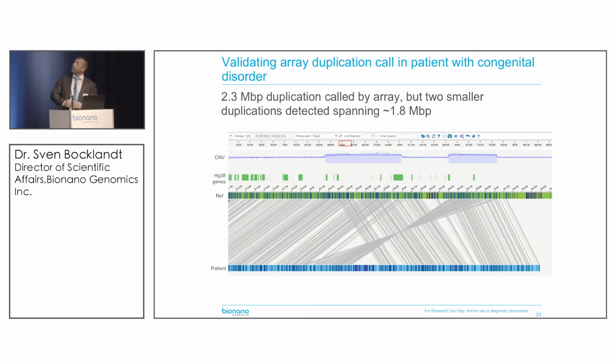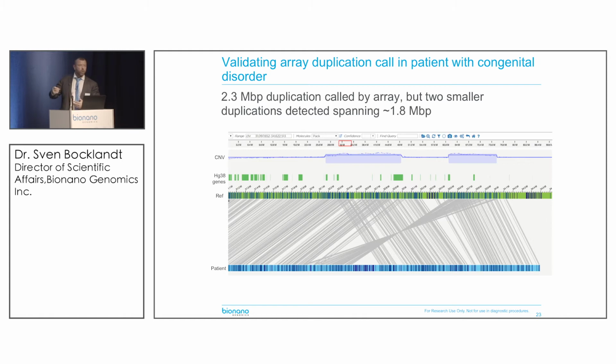Here's a case of a patient with a severe developmental disorder, and a custom microarray had called a 2.3 megabase duplication. When this child was mapped with Bionano, our copy number tool, which really works just like in NGS, an array in a sense, where we simply count the number of molecules aligning to the genome and normalize that, detected 2 separate duplications here.